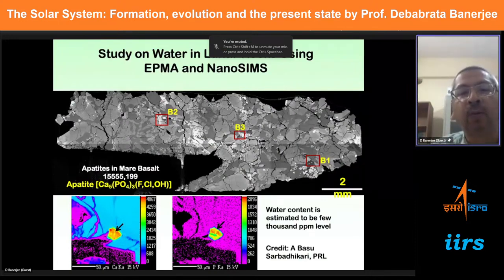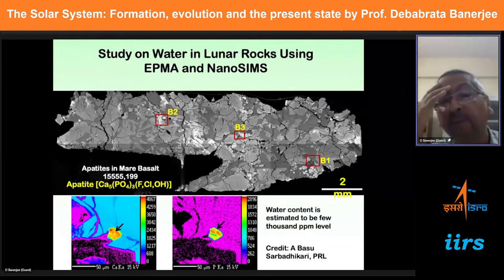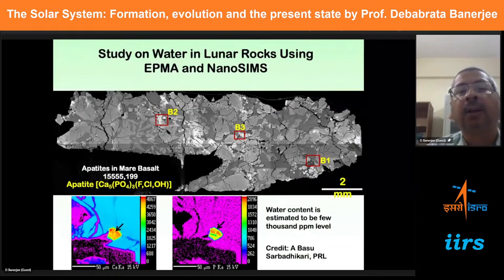So this is now showing you M-Cube, which looks at the water in the top, in the first few millimeters. But there are also rocks which have been collected. This is an Apollo 15 rock, apatite, which is basically a calcium phosphate. In that, if you use NanoSIMS and EPMA, you can see this picture. Using NanoSIMS, the nano secondary ion mass spectrometer, one can measure the water content, and it is shown to be at a few thousand ppm level.